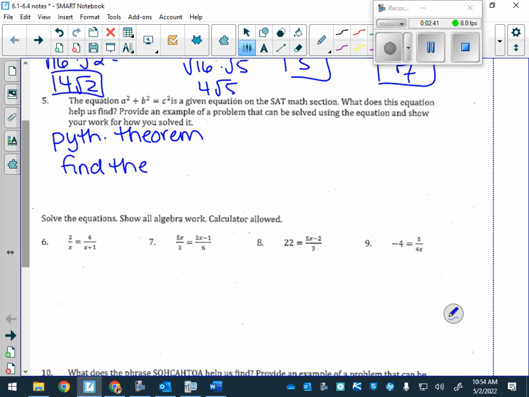Find the missing side lengths of a right triangle. And you probably provided some example on the side, and a lot of you will have different examples. Again, what does c represent, Brian? The hypotenuse. A and B are your side lengths.